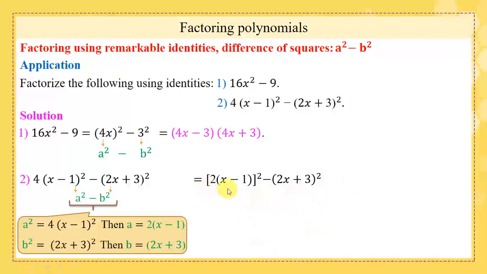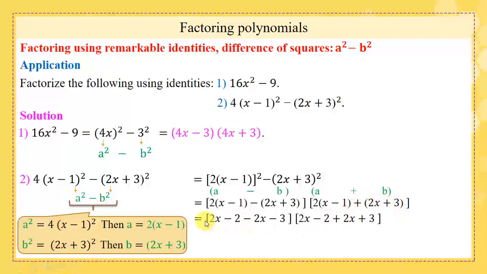Now we will apply the third remarkable identity, which is a squared minus b squared equals a minus b times a plus b. A is 2x minus 1 minus b, which is 2x plus 3, multiplied by a, which is 2x minus 1, plus b, which is 2x plus 3. Now we will reduce the expression as we did many times before. We get minus 5 times 4x plus 1.